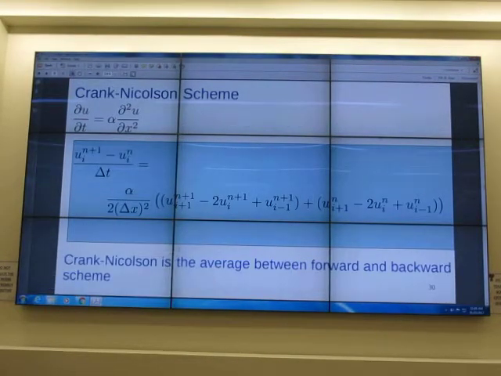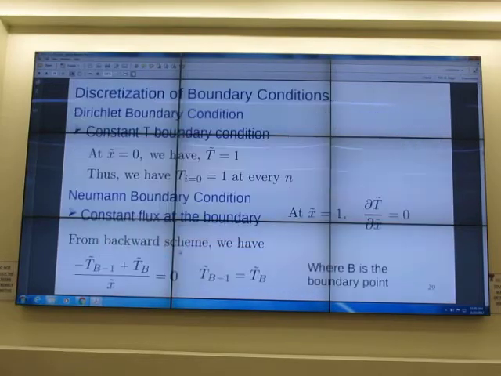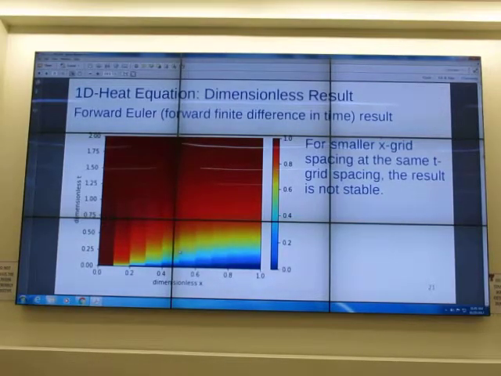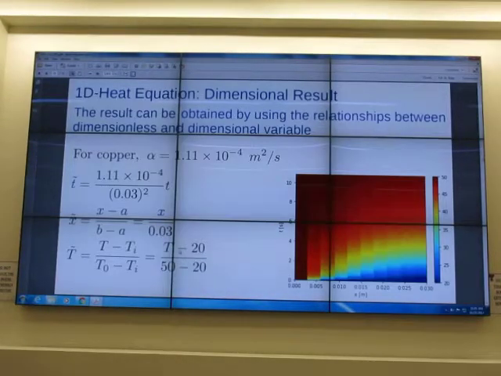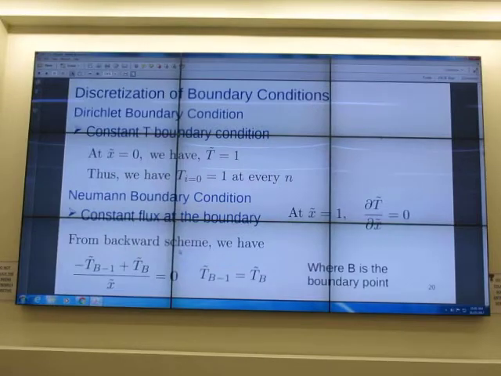Do you know how to do this by now? You should. 1D heat equation, just 1D heat equation. You should be able to do this, right? So we start.